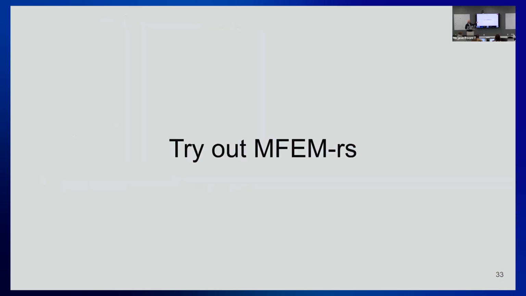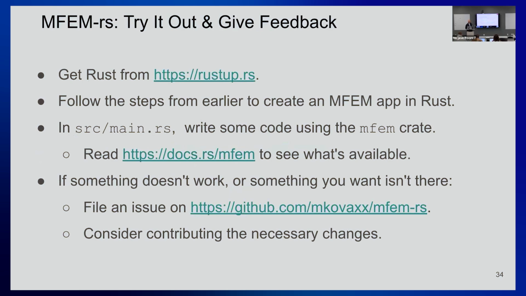If you want to try it out, this is how you can do it. First, you need to get Rust. You can go to rustup.rs and follow the instructions there. It's pretty straightforward. You will get the whole Rust toolchain, including the compiler, Cargo, and some other tools installed on your machine. And then just follow the steps that I was showing earlier in this talk.